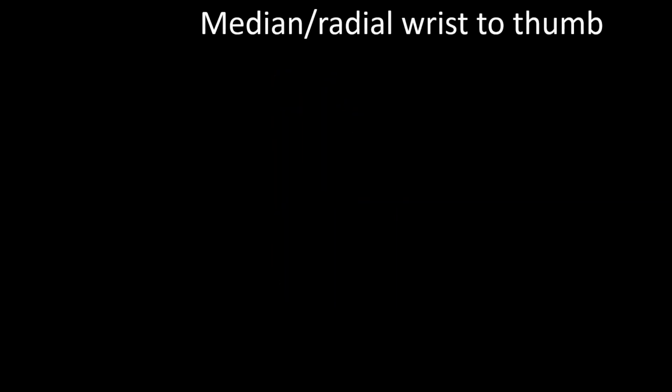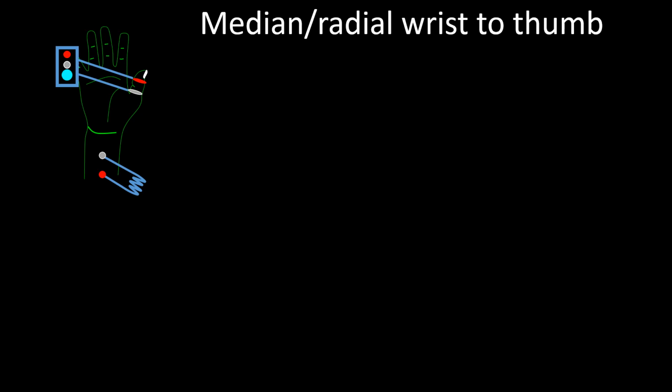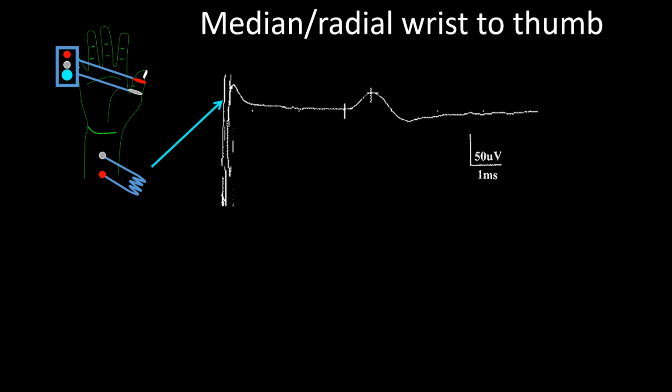The second test is the median and radial wrist to thumb test. In this test, we stimulate the median nerve above the wrist while recording from the thumb, which often produces a small but well-defined potential, as you can see in this frame.